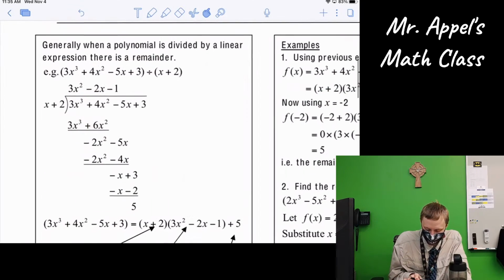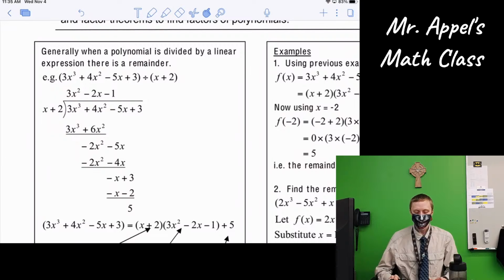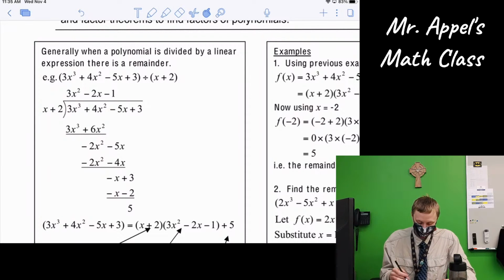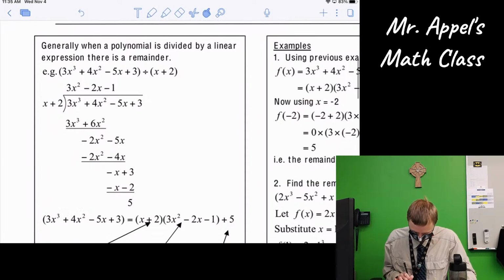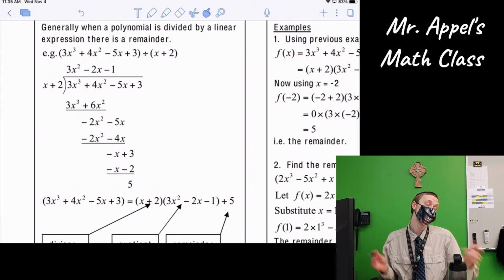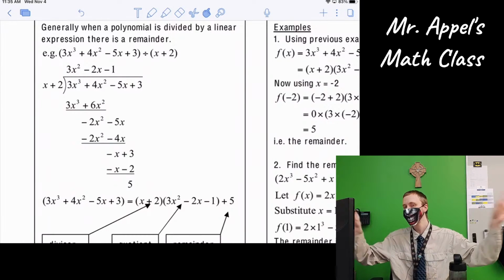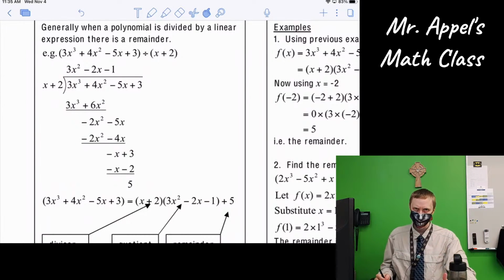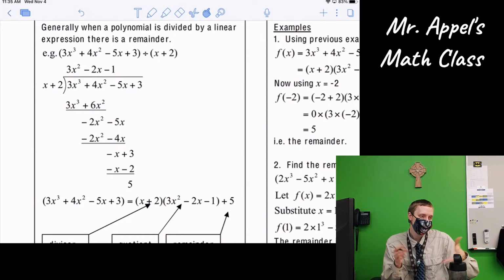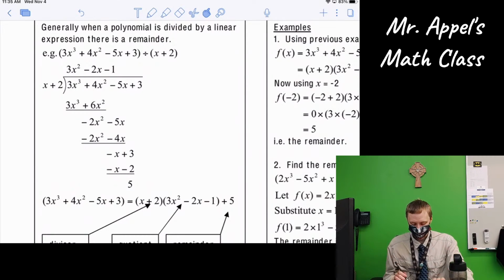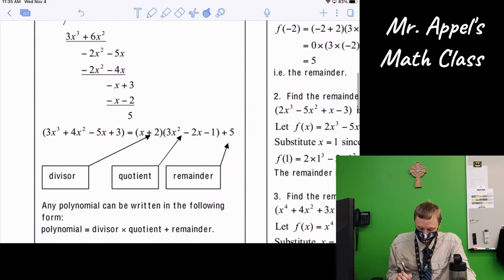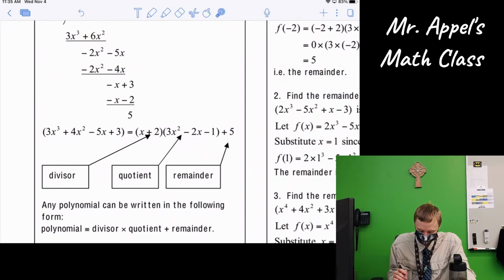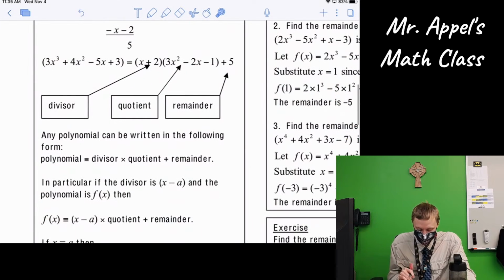All right, let's take a look at what this sheet has to say. Generally, when a polynomial is divided by a linear expression, there is a remainder. Most of the time, if you randomly pick any polynomial and randomly divide by any number, you're going to get a remainder. There's only 3 out of infinity that aren't. What's really cool is this doesn't apply to just 0.